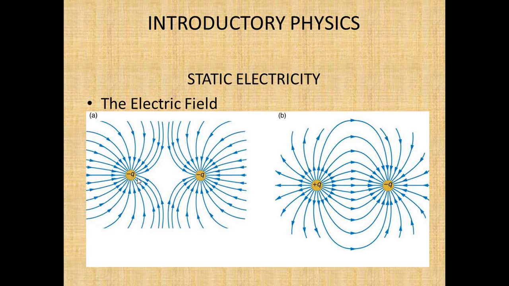So you have a source charge here and you have another source charge. If you have two negative source charges, just look at the first one. The lines are going to go towards the negative charge, because in order to draw the direction of the lines, think in terms of a positive test charge.